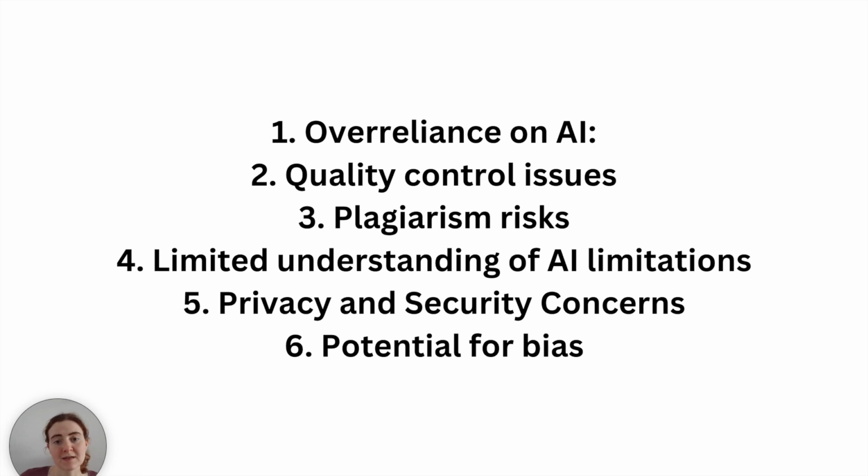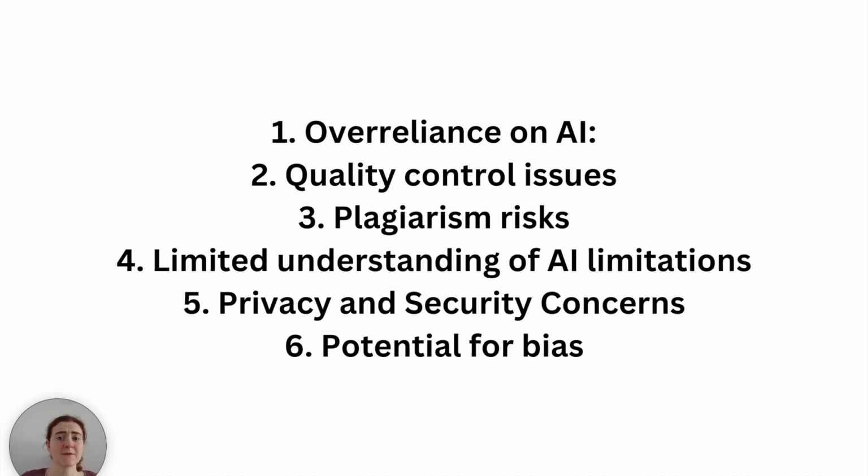The over-reliance on AI. Once you start using AI, you often resort to it before actually using your brain. This will obviously hinder the ability to create critical thinking skills and to enhance your research skills.